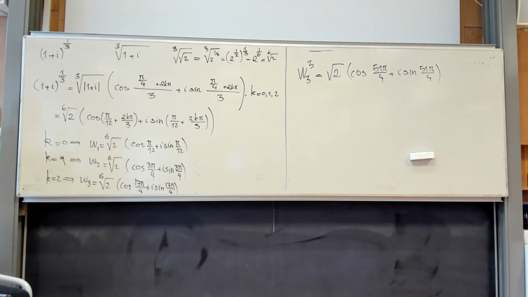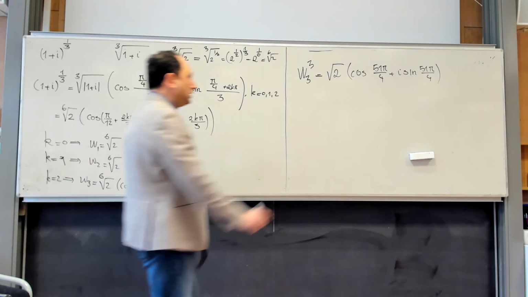Let us double check. How do you check that this W3 that I have written in this fancy way is simply 1 plus i? Find the end point for cosine. Yeah, exactly.